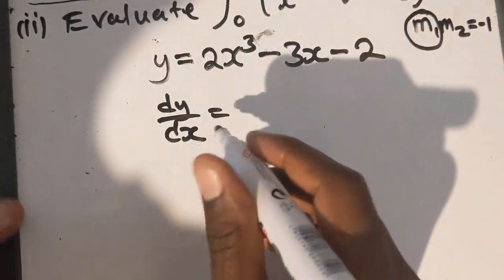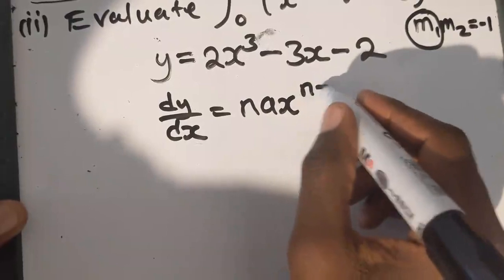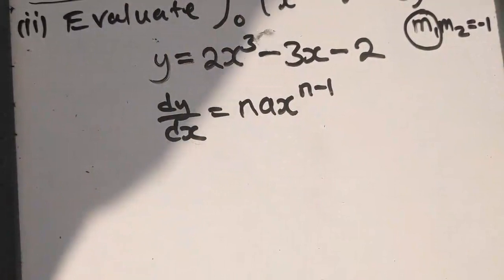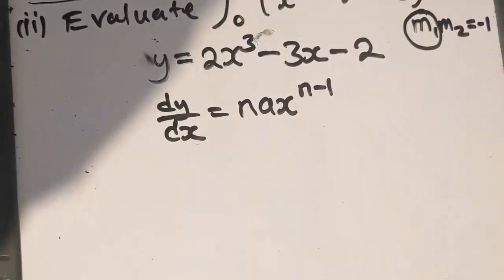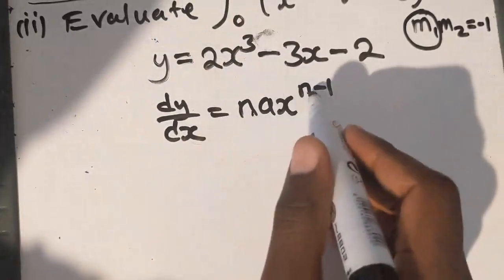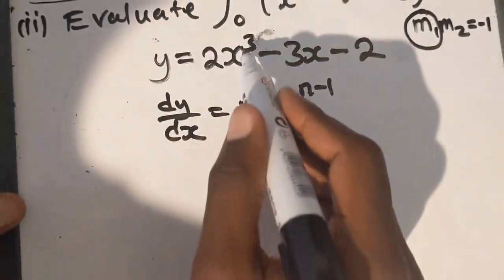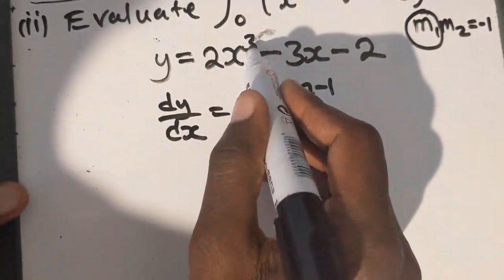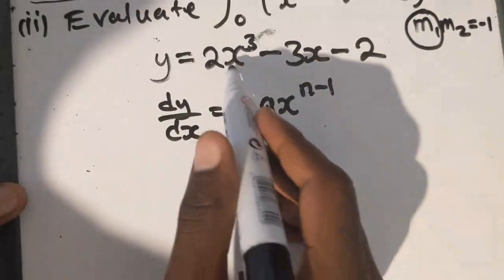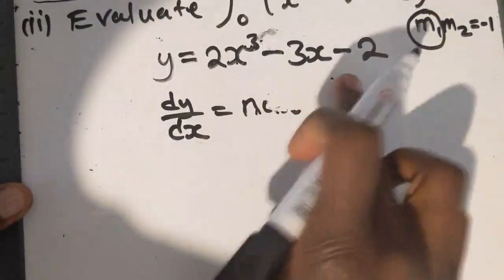The formula for differentiation is n a x to the power n minus 1, where n is the power and a is the coefficient. So n multiplied by the coefficient a, then x to the power n minus 1. This is what we are going to do here.